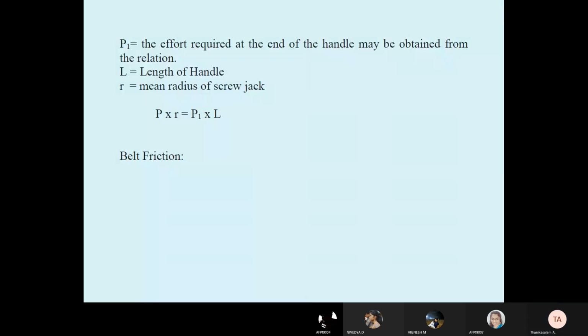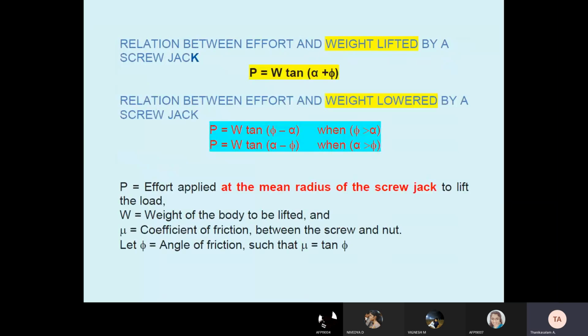Okay. So you have to know all the notations. Small r equal to mean radius of the screw jack. L equal to length of the handle or length of the lever. P1, effort required at the end of the handle. Phi equal to angle of friction, tan phi equal to mu. Mu equal to coefficient of friction. Capital W equal to weight of the body to be lifted.